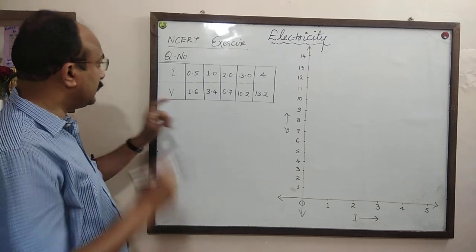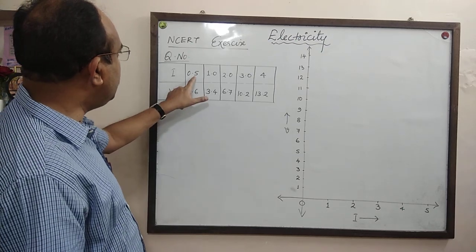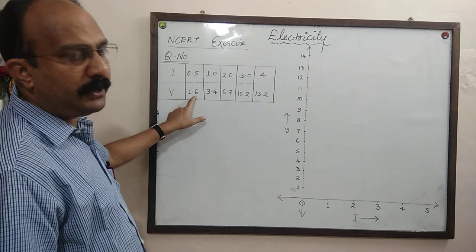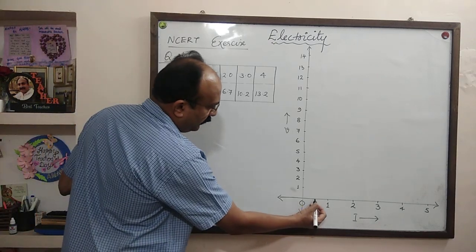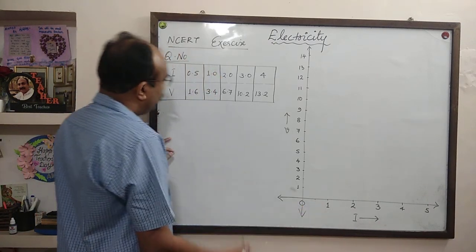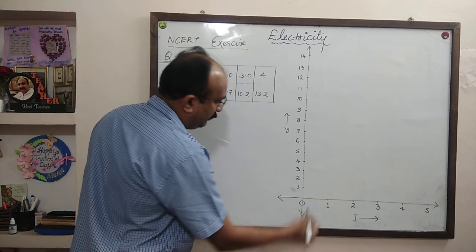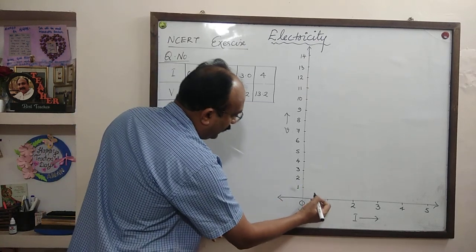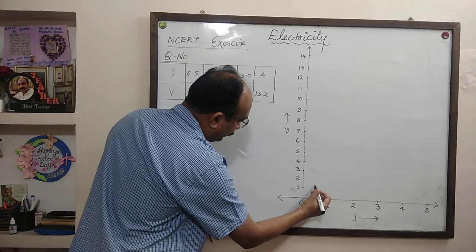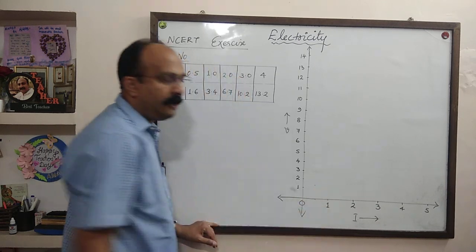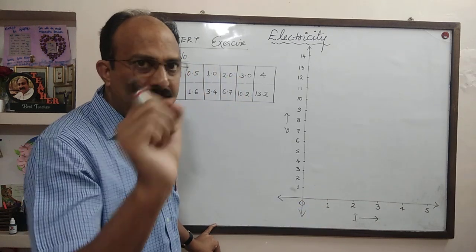First point is when I is 0.5, V is 1.6. V 1.6 means 6 small lines above 1. On a graph paper, you can exactly see the 6th line.